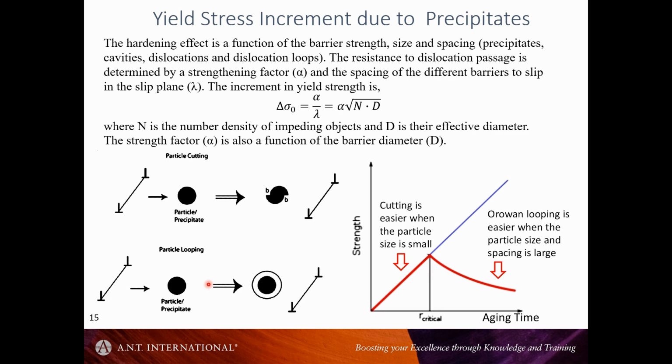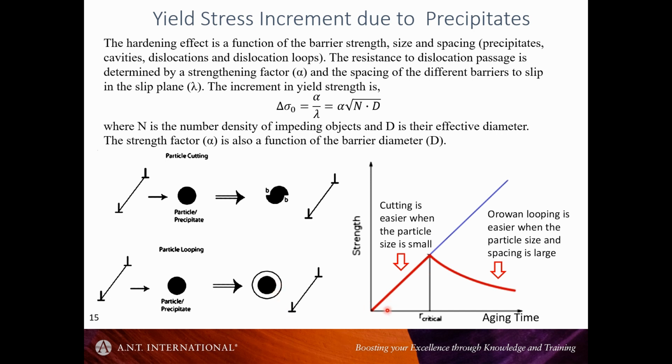But suffice it to say that with longer aging times, as you grow precipitates, as the spacing becomes larger, then Orowan looping becomes the primary form by which dislocations will pass through a field of precipitates.